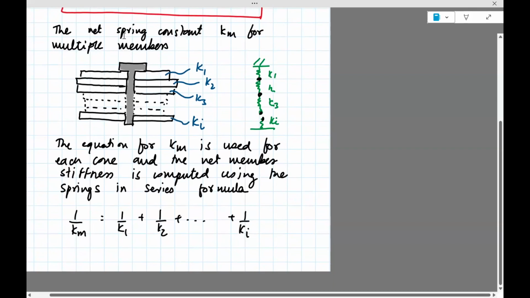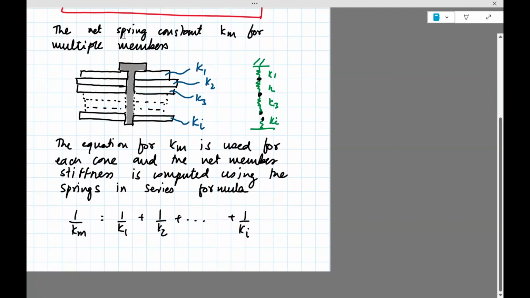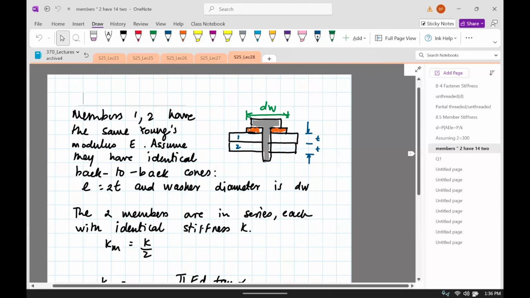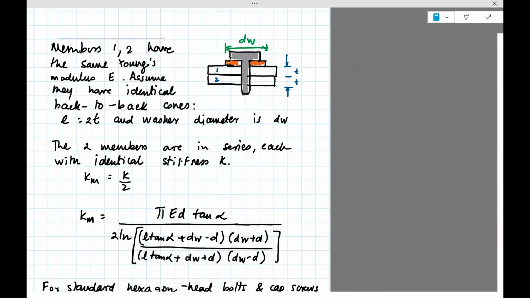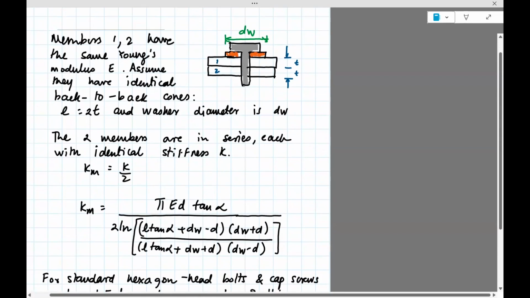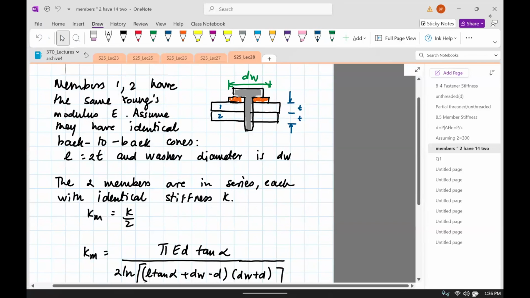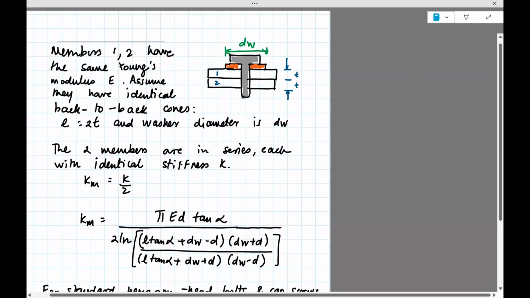The expression you want to use is probably this one, because the other one becomes a little bit more complicated to use. So use this one, the reciprocal, in order to compute that. Okay, so springs in series. Now, one last thing, and then we will get to the problem.